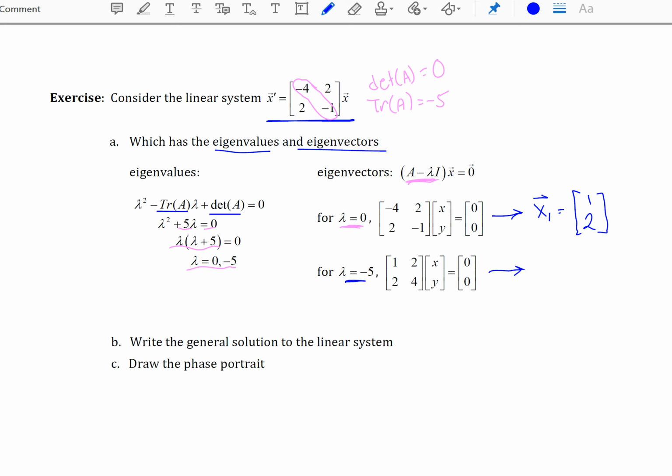For our eigenvalue of -5, we're subtracting -5 off the main diagonal, so we end up adding 5, and we get this matrix. And here we seek another eigenvector. Here we could use the eigenvector maybe 2, -1.